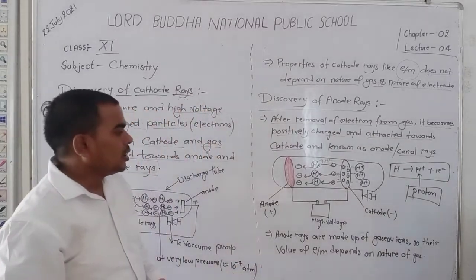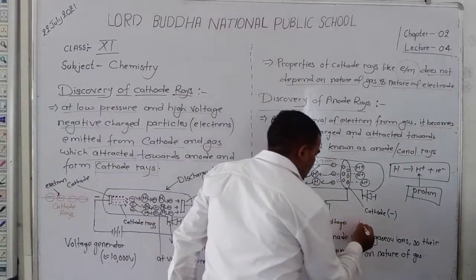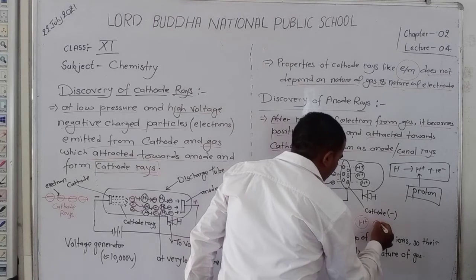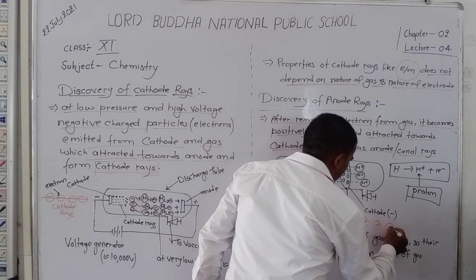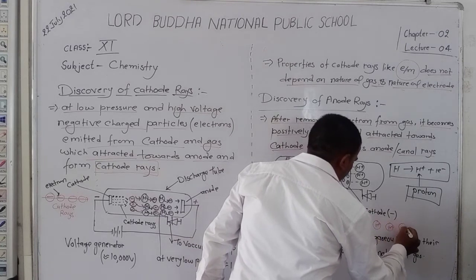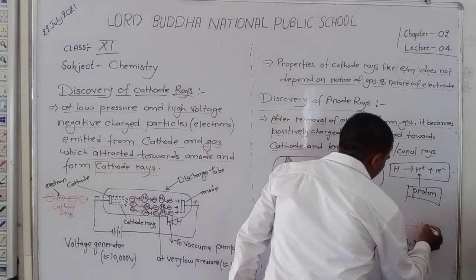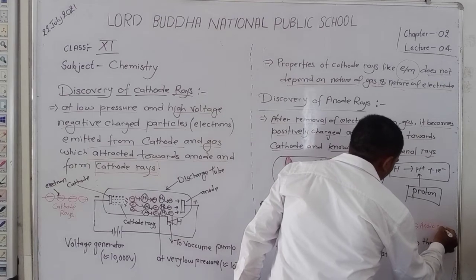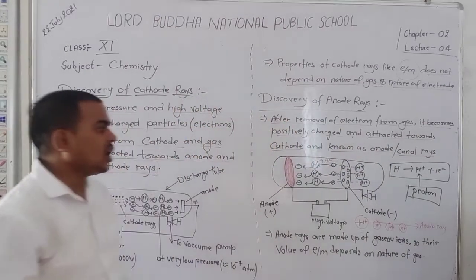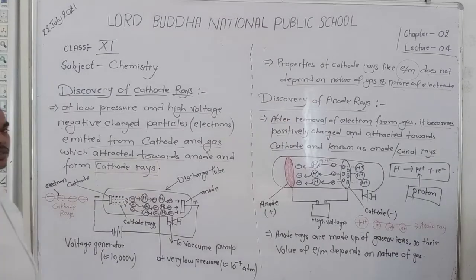Dear student, a group of H+ makes rays, that is anode rays. These rays are also known as canal rays.